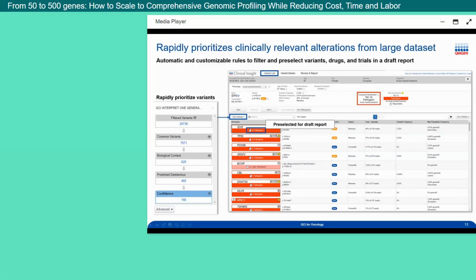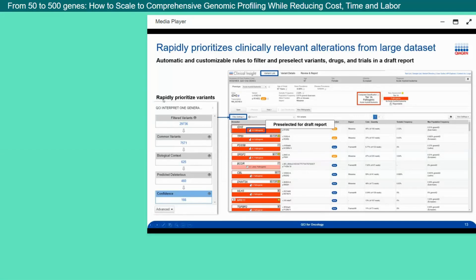The smaller badges in the top right corner are informational badges and provide an initial clue of what information is available for this variant, such as the variant being sensitive to therapies or having prognostic implications. This view provides a broad overview of the patient's molecular profile.